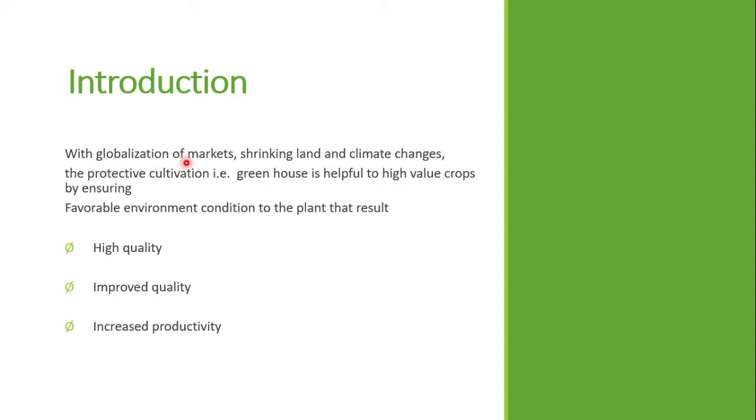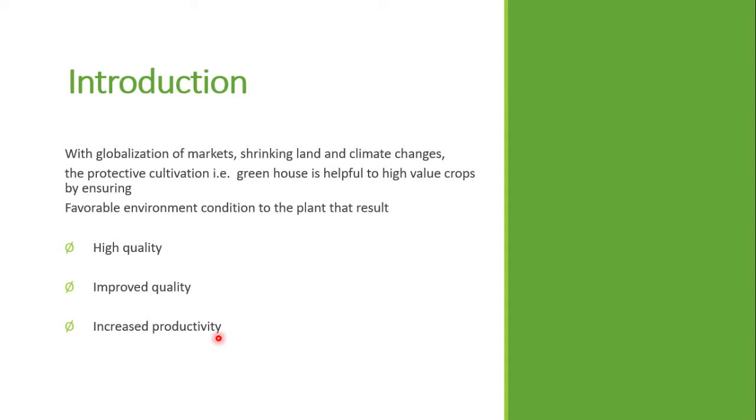With globalization of markets, shrinking land and climate changes, protective cultivation, we can say greenhouse, is helpful to give high value crops by ensuring the favorable environment or conditions to the plant that may result in high quality crops, improve the quality of the crops, as well as increase the productivity.